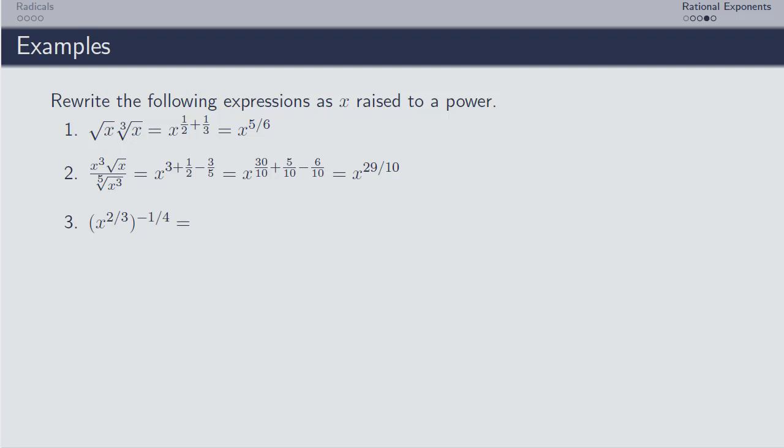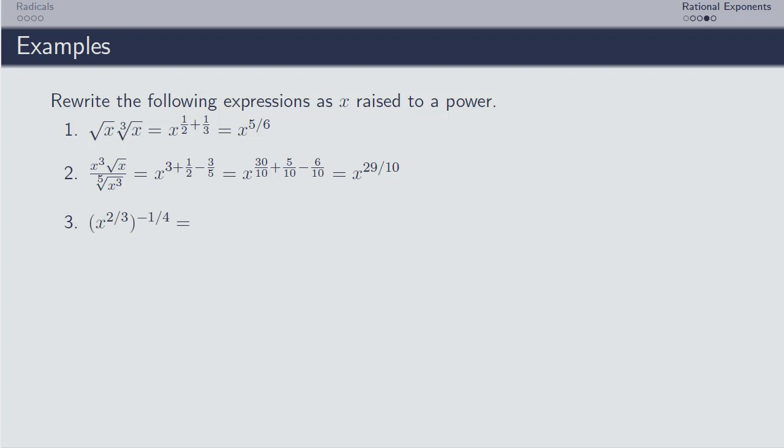That's the 5th root of x cubed in the bottom, which is where the minus sign comes from. So I have 3 plus 1/2 minus 3/5. I get a common denominator of 10, add those up, and I get x to the 29/10 power. So that'd be the 10th root of x to the 29th power.